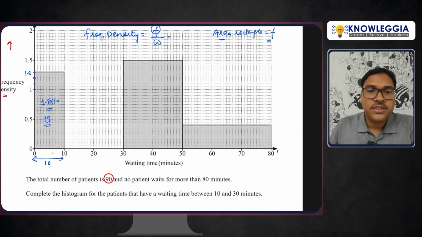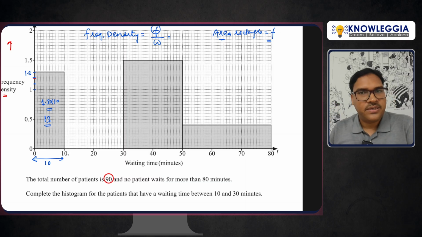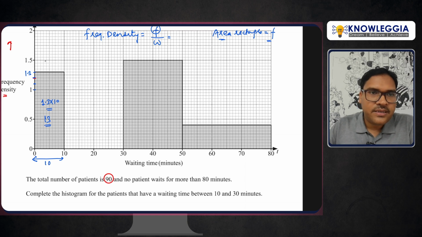So that means there will be 13 patients in this 0 to 10 interval, who have the waiting time of 0 to 10 minutes. That is the meaning of this. Now, what is the frequency density here? This is 1.5. So what is the area of this rectangle? This is 1.5 multiplied with the class width, which is 20.